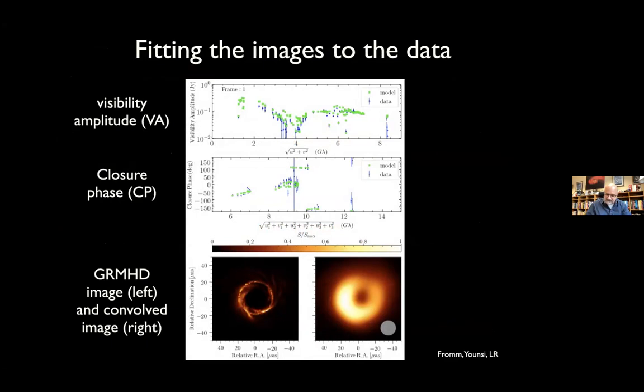The data is the blue dots, and the model is the green dots. As a given simulation is produced and then convolved, it will give you a certain distribution in the visibility space. Then you can calculate rather straightforwardly a chi-squared between the data and the model, and obtain a distribution of images with certain properties.